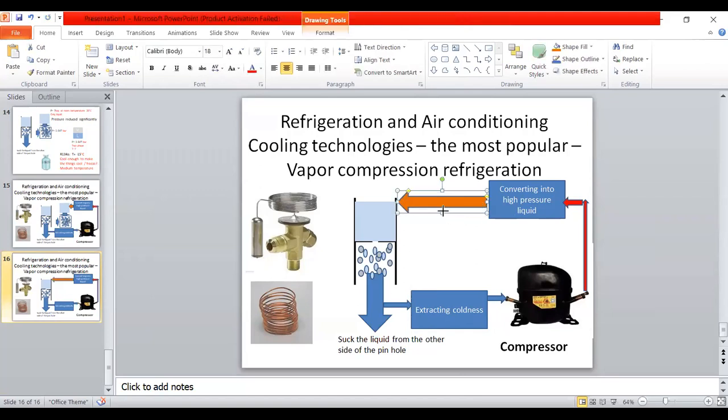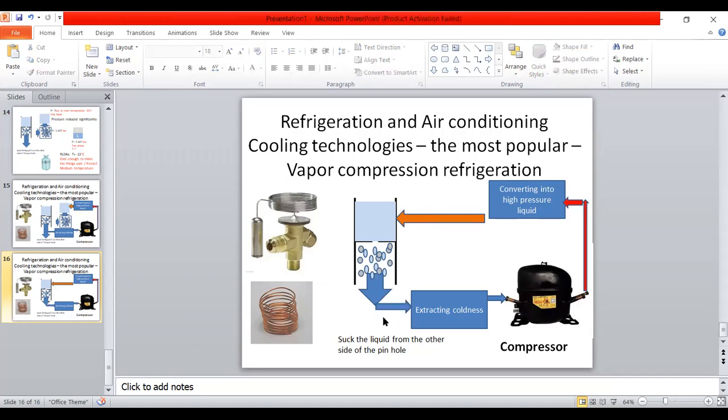So correspondingly, there are 4 major components. Suction is being done by this machine. We call this compressor, but this sucks and pumps into high pressures. So 4 components are there.